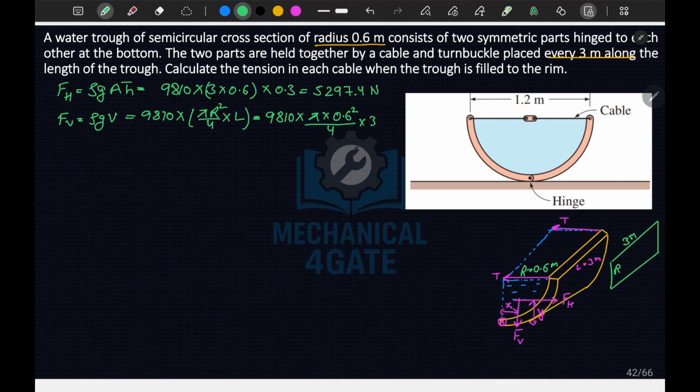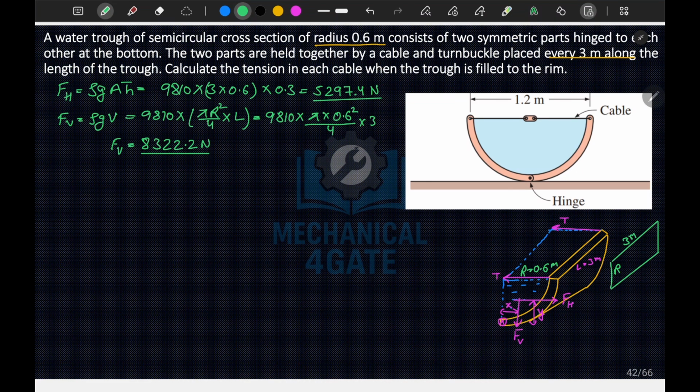If we solve this, 9.81 into pi, 3.142, into 0.6 square, 0.36, into 3 divided by 4, this FV is equal to 8322.2 Newton. This is your FV, this is your FH.